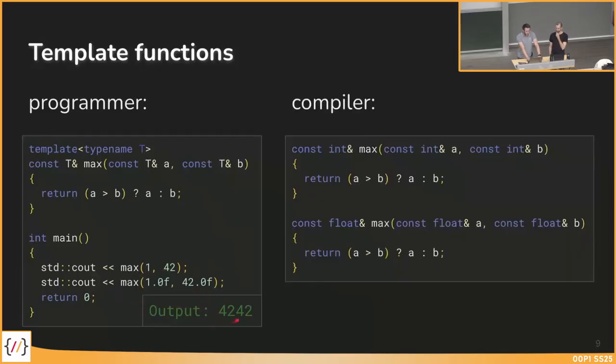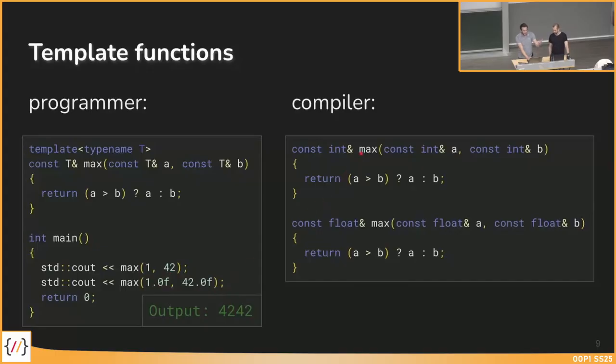And what the compiler does is take this template and replace all our T's with the respective data types that we need in our program. But not for all possible data types, just the ones that we need. So in our case, it's just integers and floats.